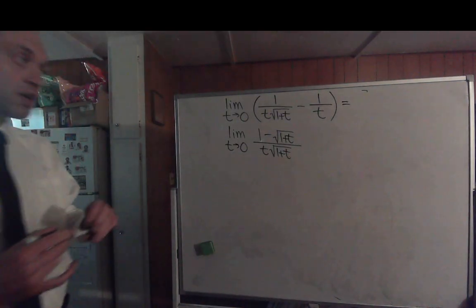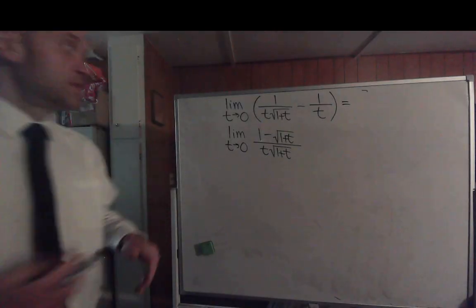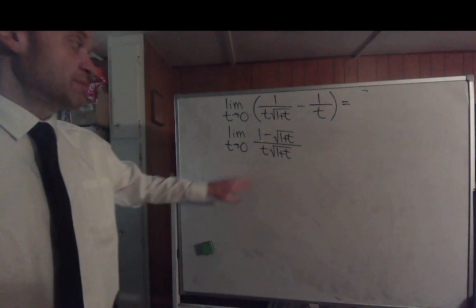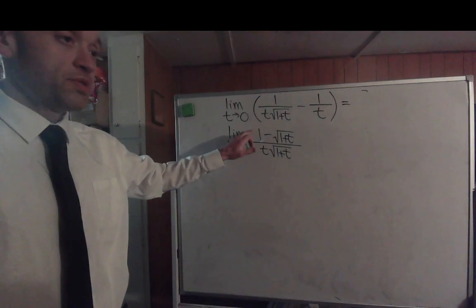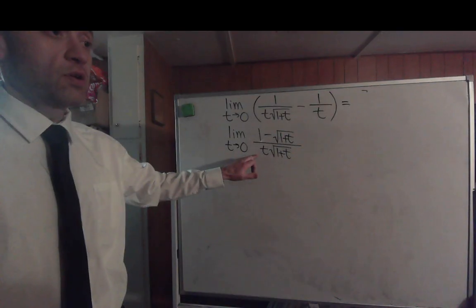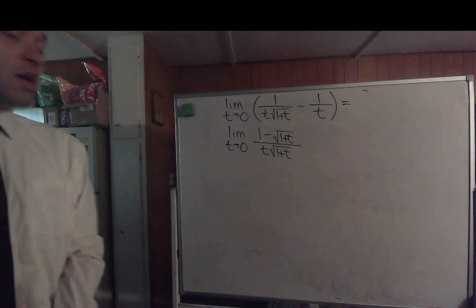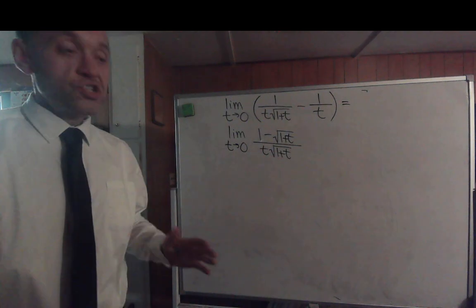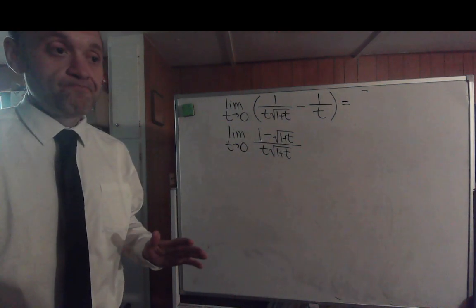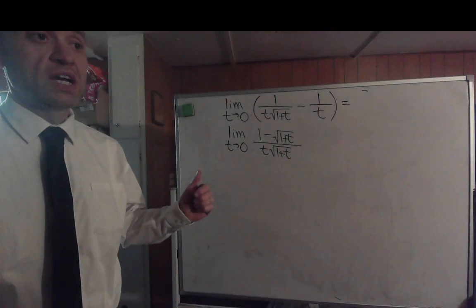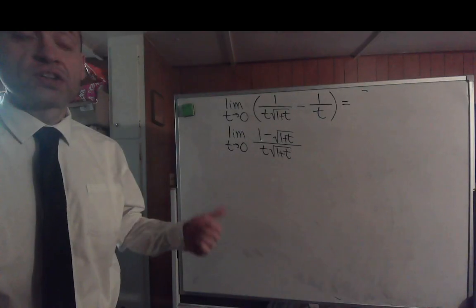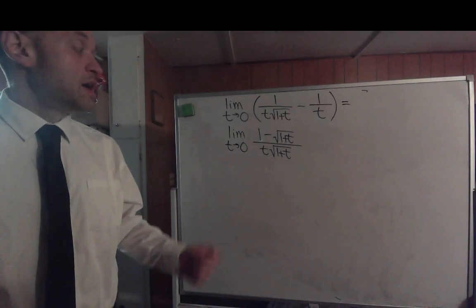Now this is where it can get a bit tricky. This is definitely going to be a conjugate method, but notice you have a radical in both the numerator and the denominator. Well, if you're not sure which way to go, it never hurts to try to figure out which one to rationalize first, and if you get the wrong one, just start the problem over again.